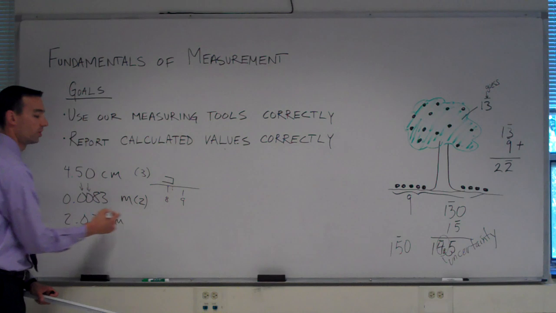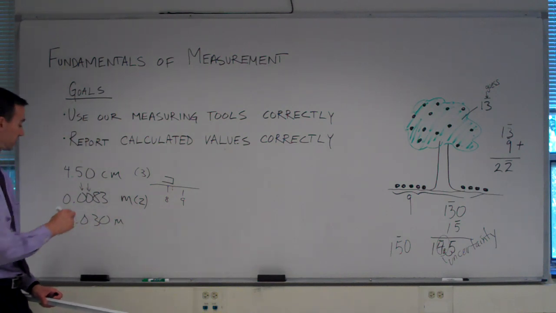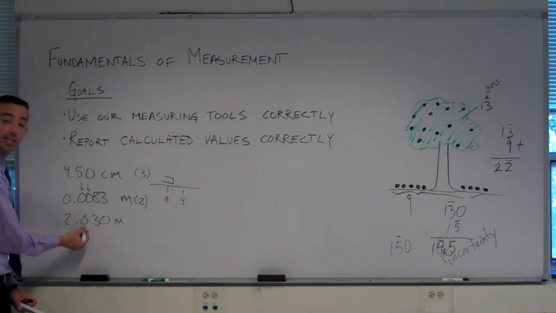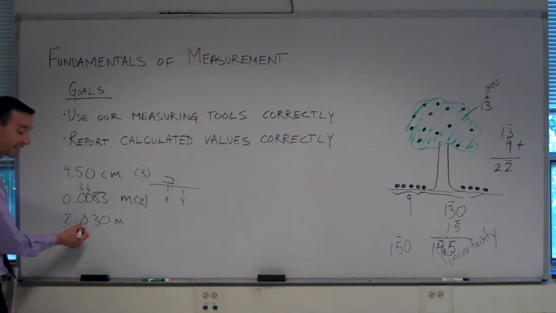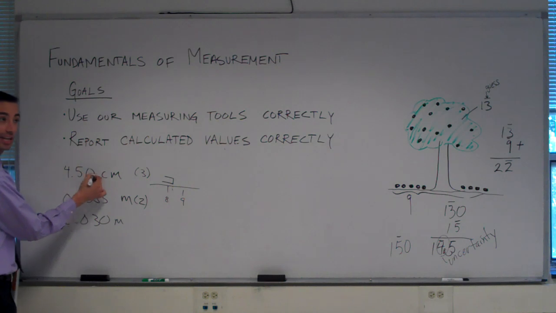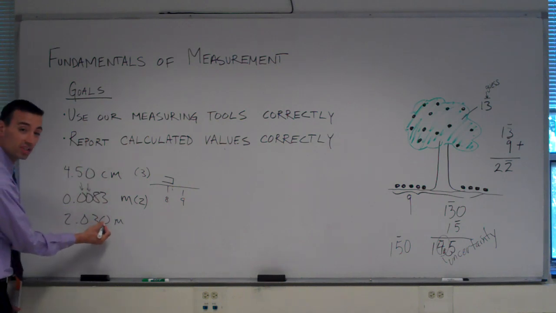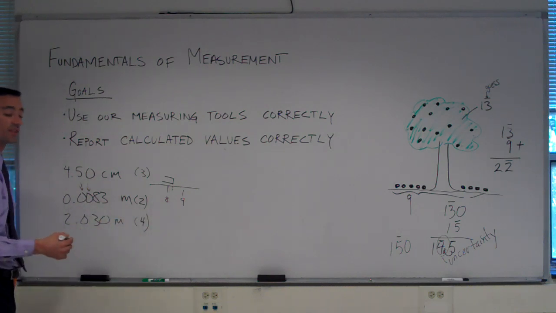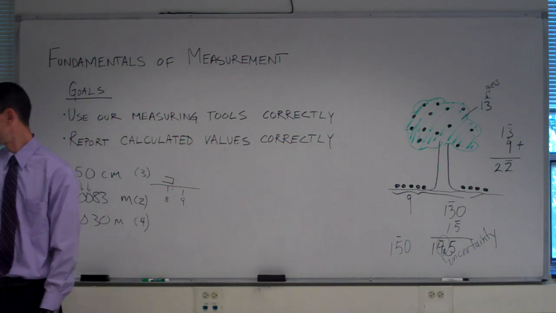This has only 2 significant figures, as these zeros don't count. In this last measurement, anytime a 0 is trapped between 2 other numbers, it is significant, so it counts. And again, just like our first example, this 0 ends our number after the decimal place, therefore it's significant. This has 4 sig figs in it.